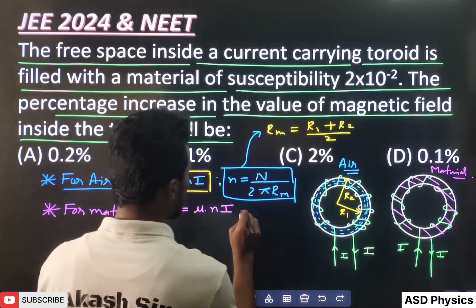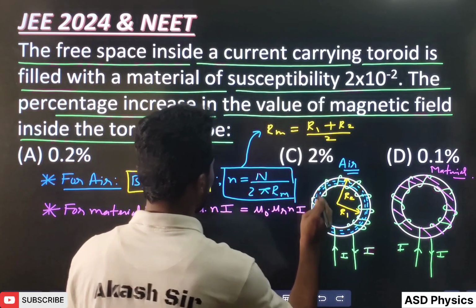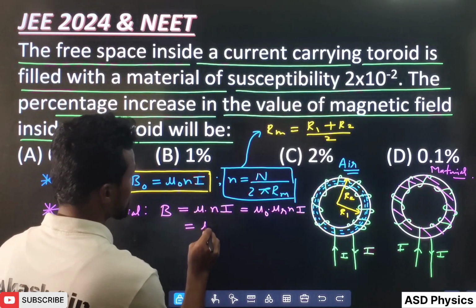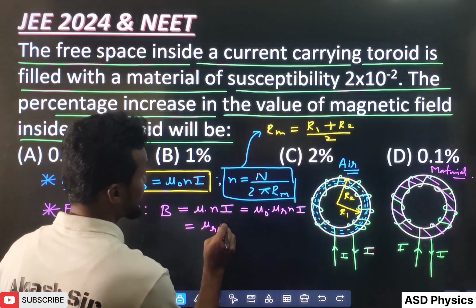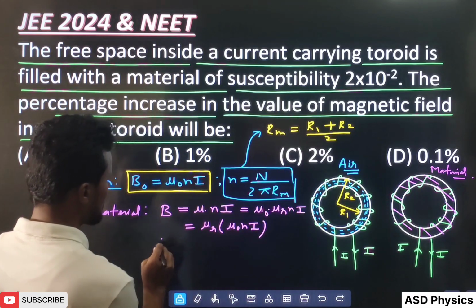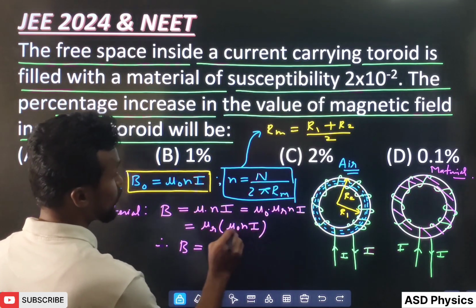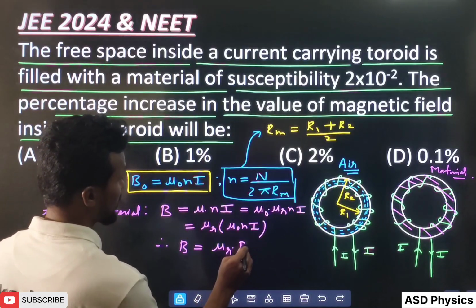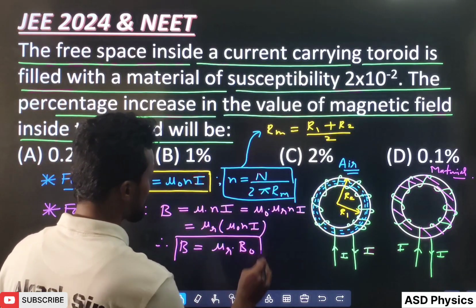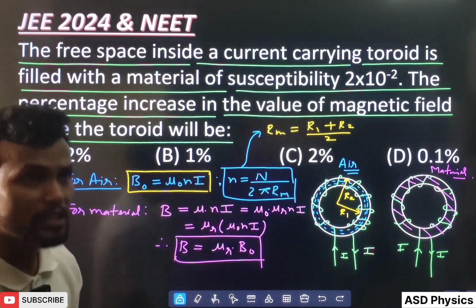So we can write mu as mu naught into mu R, Ni, okay. Since mu naught Ni is B naught, we can write B is mu R into B naught. So in the new situation, this magnetic field B is given by mu R into B naught, okay.